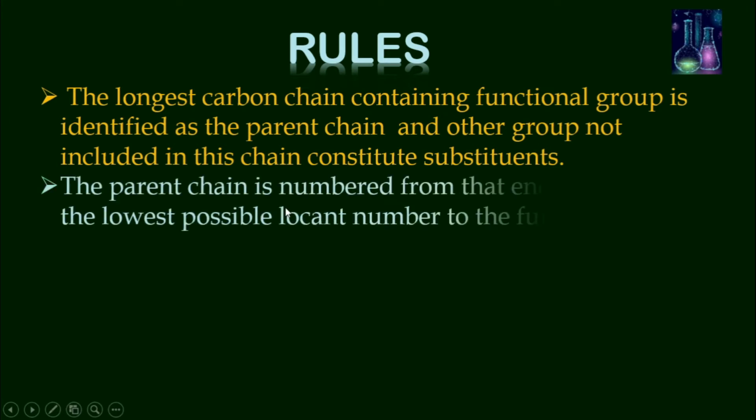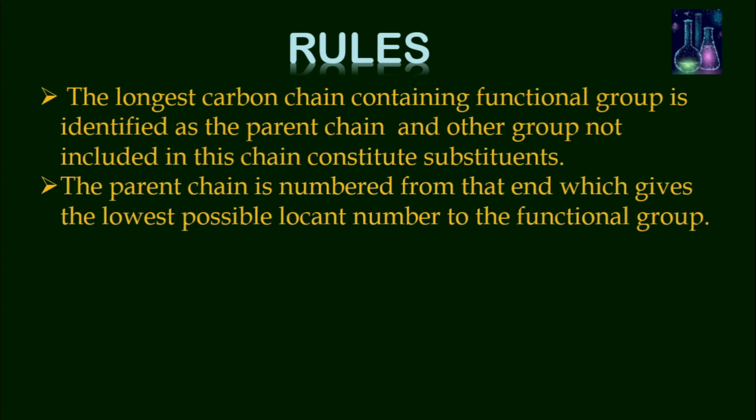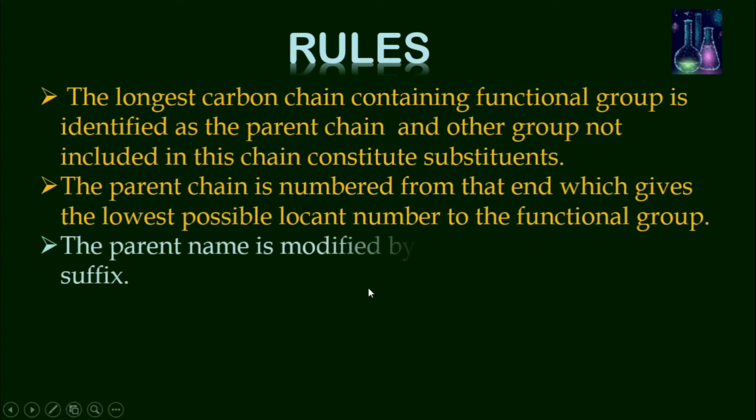The parent chain is numbered from that end which gives the lowest possible locant number to the functional group. So here also we have to give the lowest possible number to the functional group. The parent name is modified by applying the appropriate suffix.